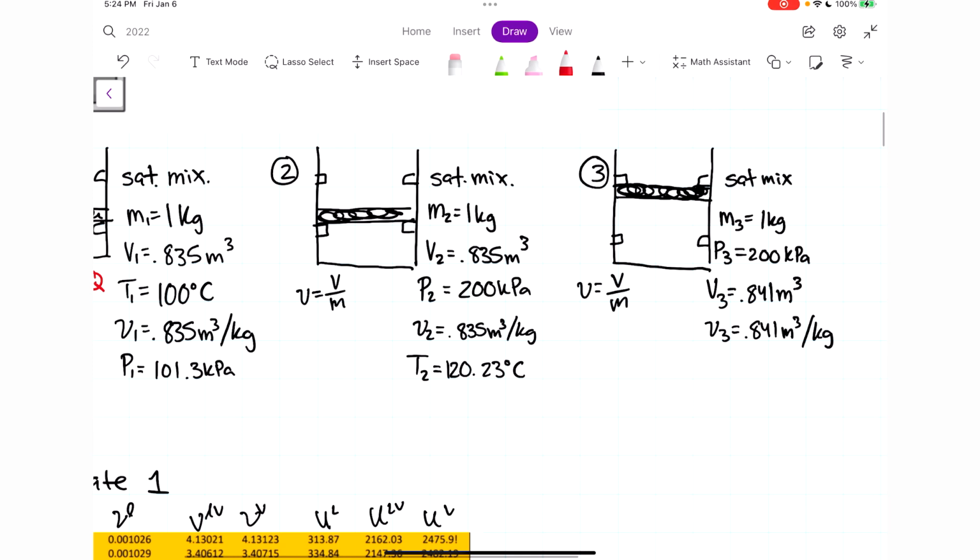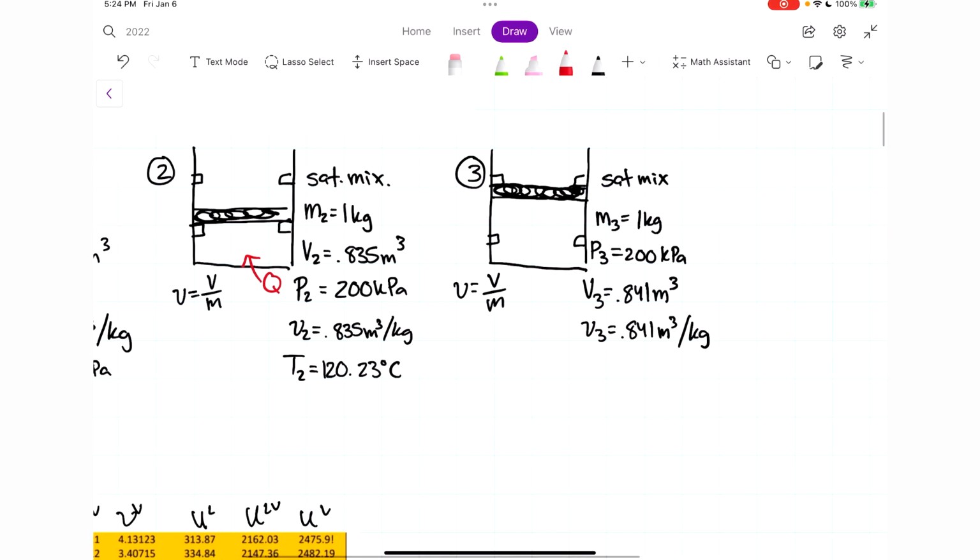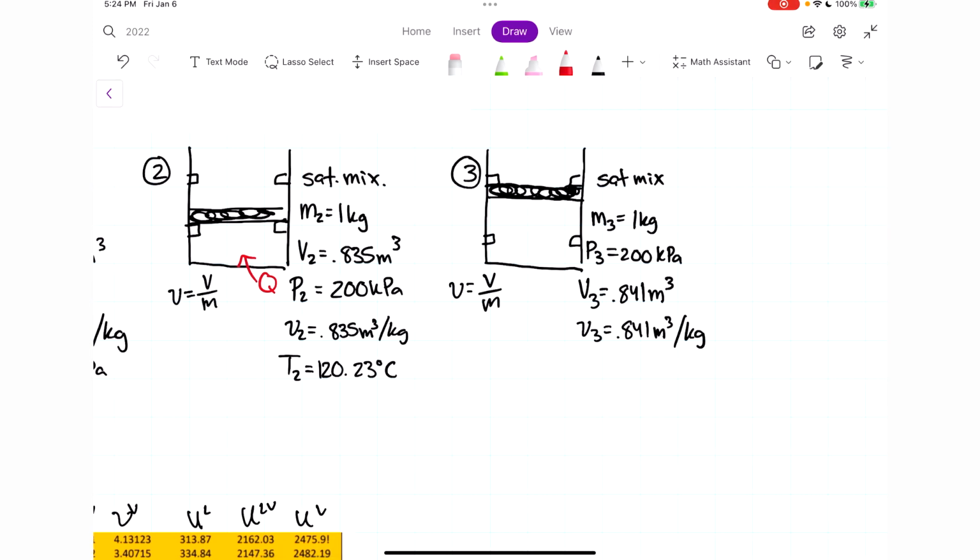And then from state 2, we added even more heat so that it moved all the way up to where the top set of stops are. And when we added an X amount of heat that I'm not sure of yet, we'll find out in our next video, when we added that amount of heat, it lifted our piston up to the second set of stops.